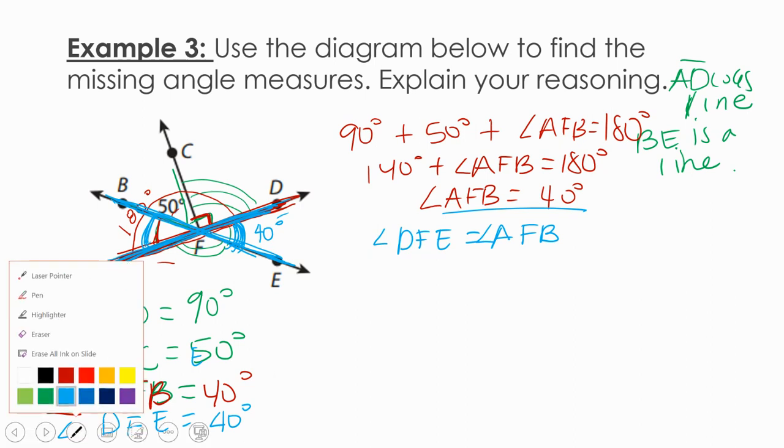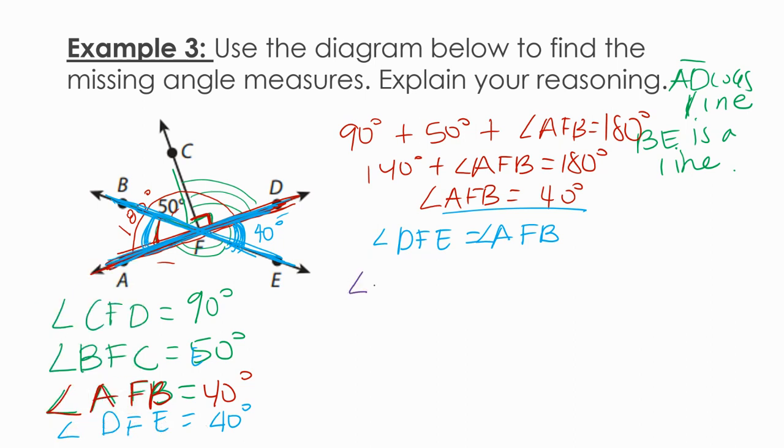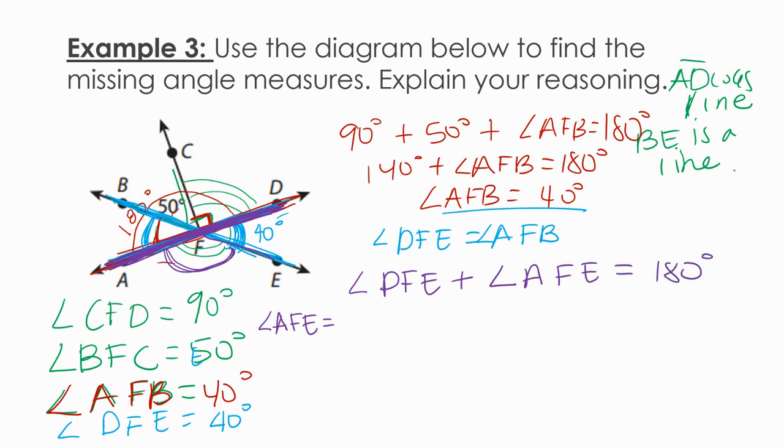The last unknown angle that I need to solve for is angle AFE. So what is angle AFE? This one right here. Well, if I know that angle DFE is 40, I see a straight line happening here. So I know that angle DFE plus the angle I'm trying to find, AFE, create a linear pair.